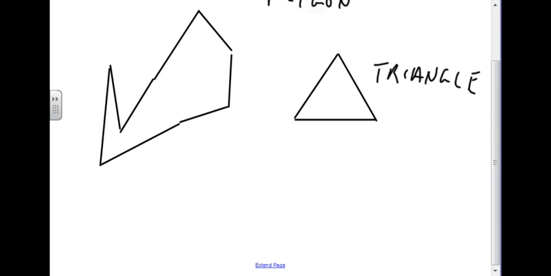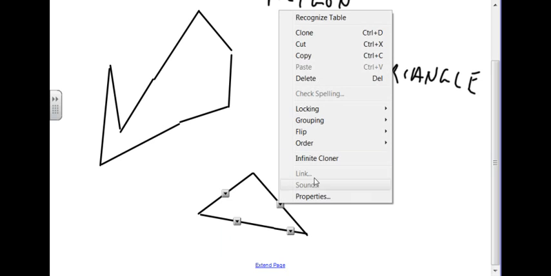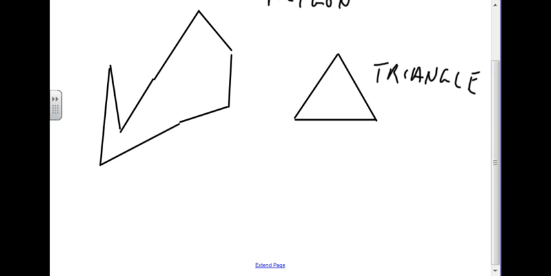We could have four-sided objects. 1, 2, 3, 4. Is that 4? That doesn't look like 4 to me. Delete. Cut. There we go. That's better. I'll do it again. 1, 2, 3, 4.